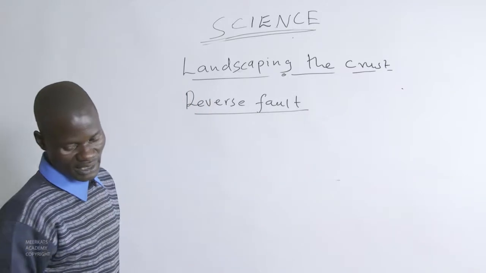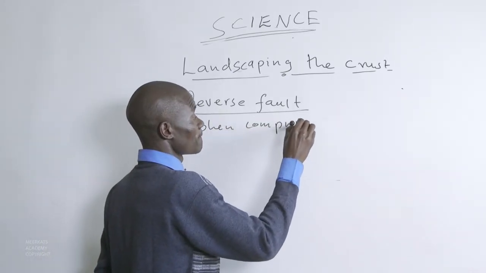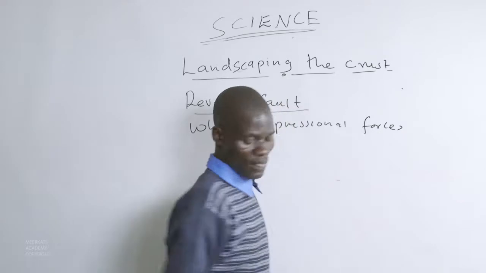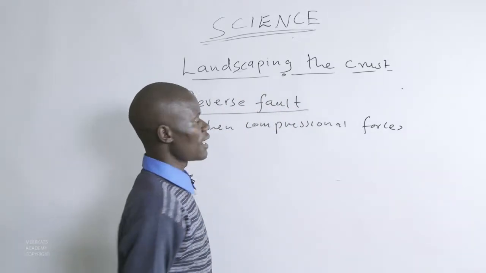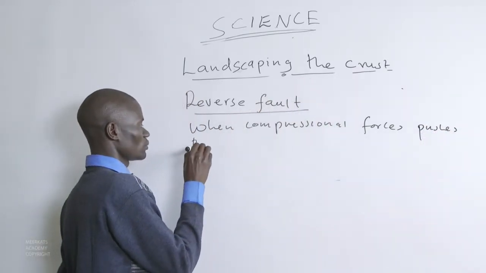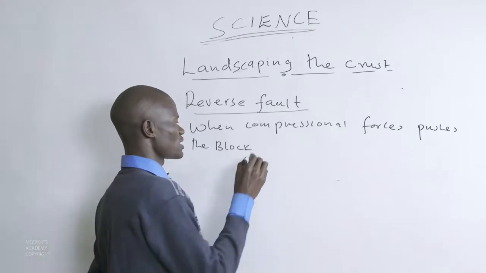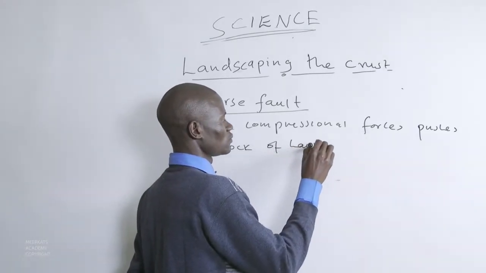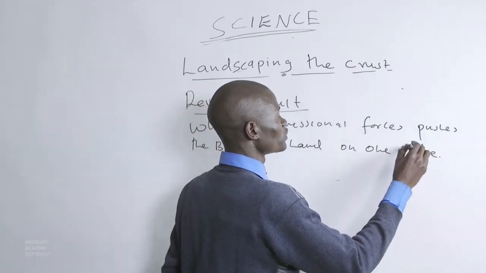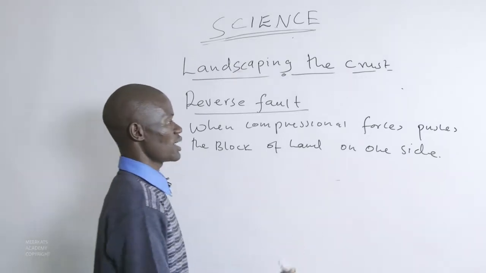The reverse fault is formed or occurs when the compressional forces push the block of land on one side of the fault upward.